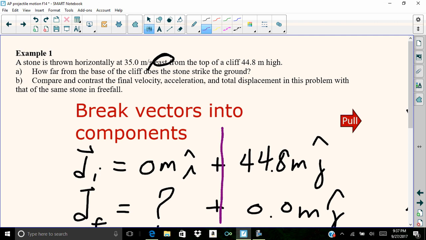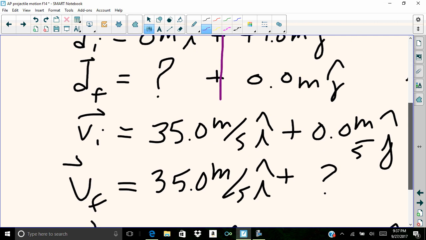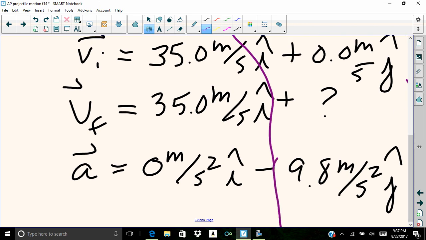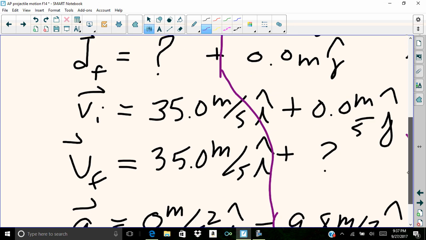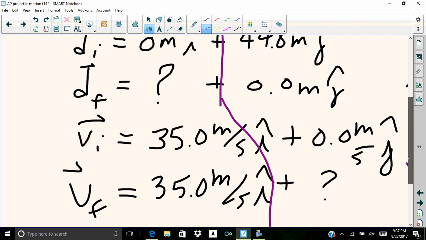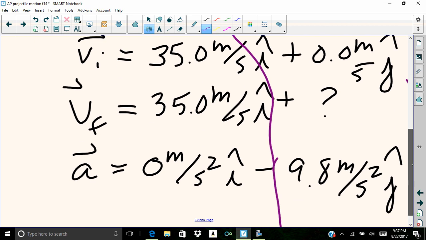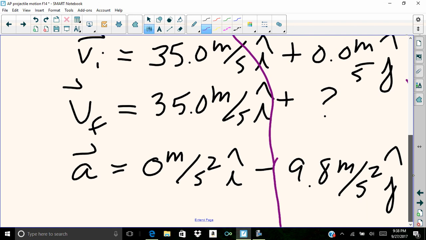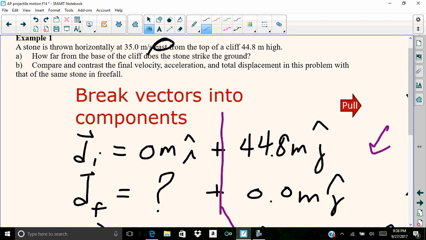If you take a line and draw it straight down, you'll see that you have all i hats on the left-hand side and all j hats on the right-hand side. Well, here's the thing. All these i hats fill in your boxes in the x direction. All the j hats over here fill in your boxes in the y direction.